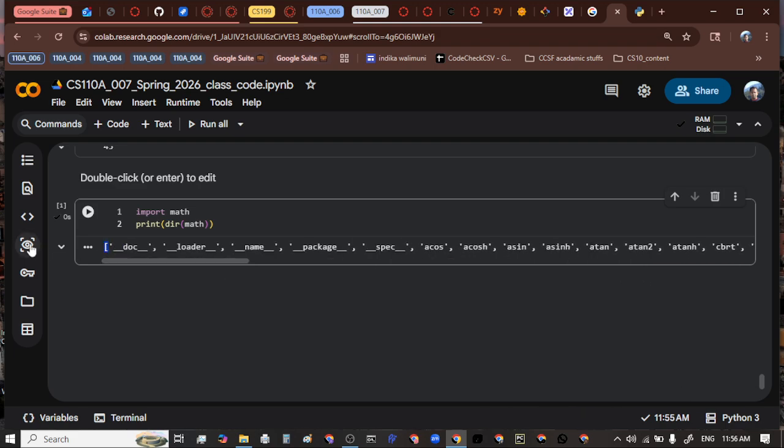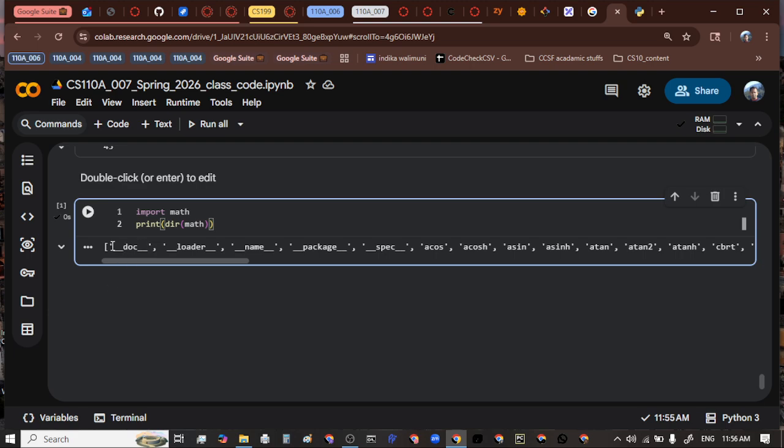Those names are in string literal format, see the quotation marks.